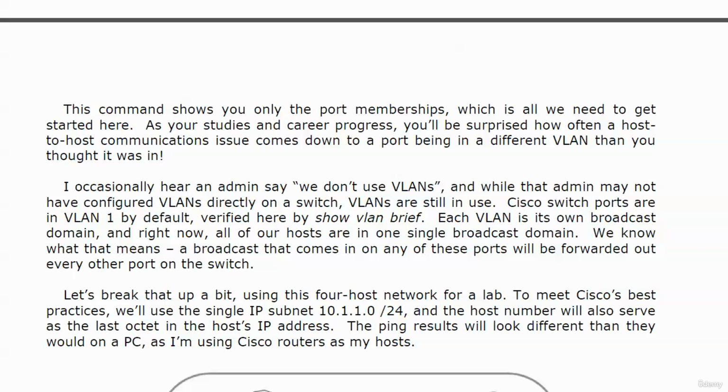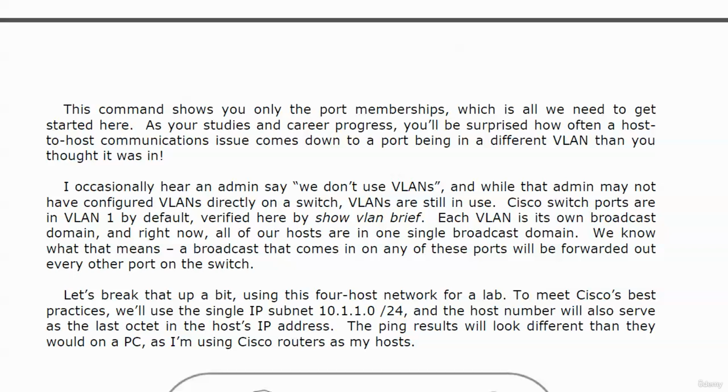And you would be surprised how often show VLAN brief can help you solve an issue, because for whatever reason, human nature, whatever you want to call it, we tend to sometimes go for the most exotic solution when we're doing our network troubleshooting, and sometimes it's just the simplest thing. And that's exactly what you're going to see in this particular part of the course in another video. But again, always start your troubleshooting with show VLAN brief or show VLAN.